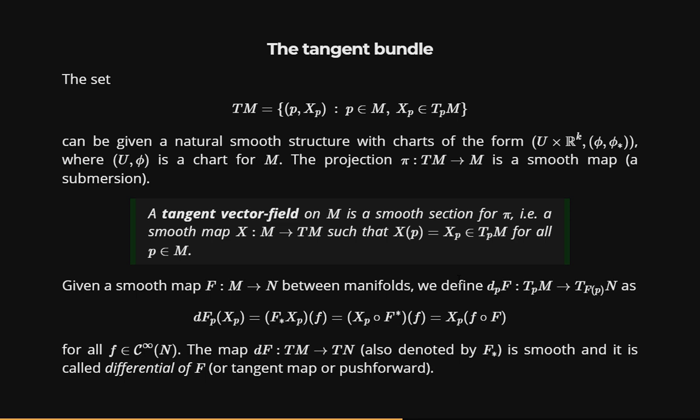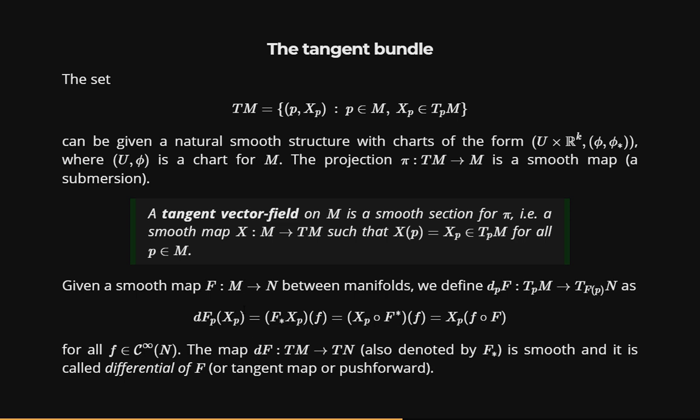Like in the submanifold case, if you have a smooth map, you have a map between tangent spaces, defined like this. Your tangent vector X_p, tangent to M at point P, is a functional on smooth maps. So to define its image, we have to take a smooth map on N, the target, and tell how the image acts on f.